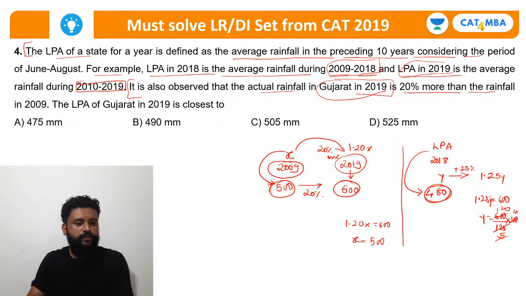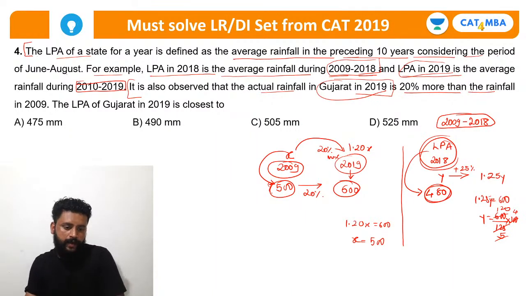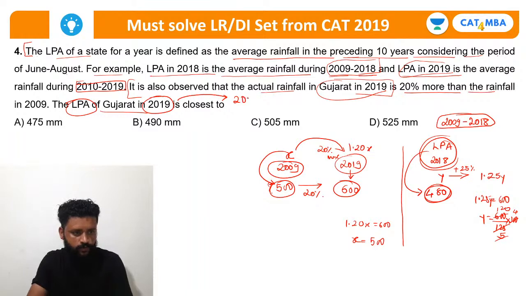Now if you look at this, अब देखो ये LPA कैसे काउंट हुआ, LPA 2018 कैसे काउंट हुआ, 2009 से लेके 2018 तक के एवरेज, 10 साल का एवरेज, राइट है। अब हमें LPA 2019 चाहिए. It will start from 2010 to 2019.